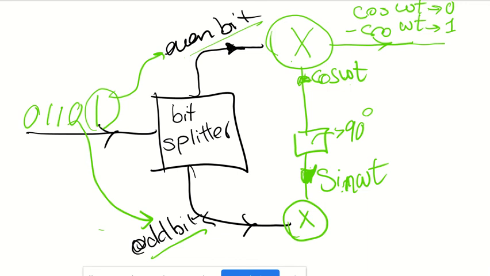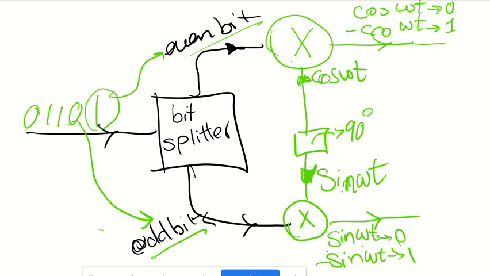Okay, so then this 1 bit will do BPSK to my sine of omega t. So sine of omega t will be 0, and this is sine of omega t plus 0 degrees, right? So if this is 0, then sine of omega t plus 180, which is minus sine of omega t, will be my 1.